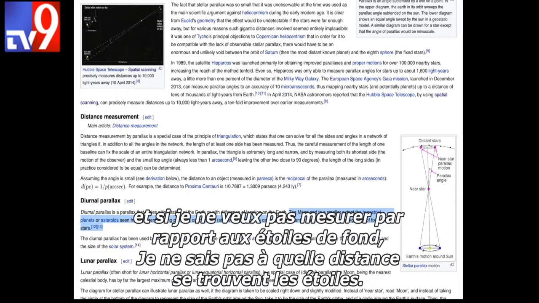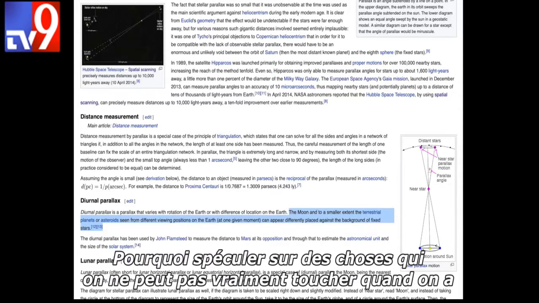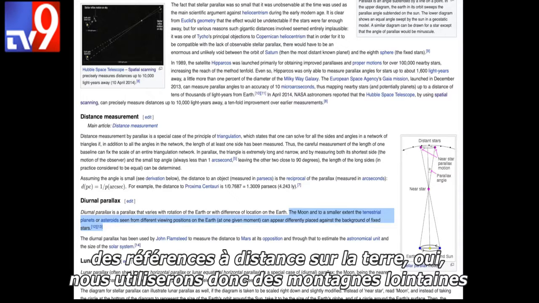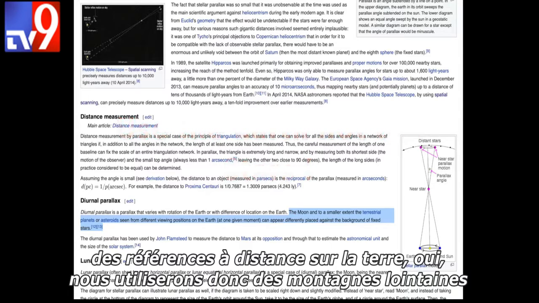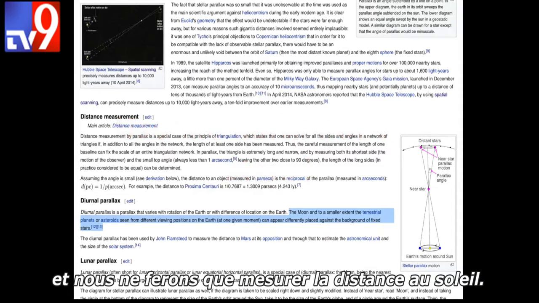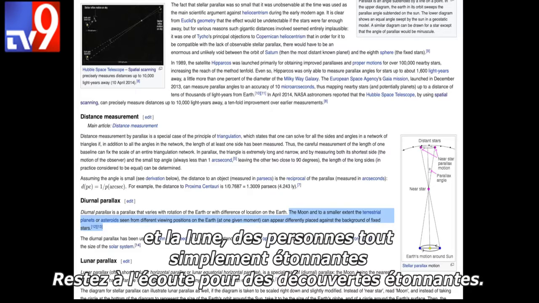I don't know how far the stars are. Why speculate about things that we can't really touch when we have references of distance on the Earth? Yeah, so we'll be using distant mountains, and we'll simply be measuring the distance to the sun and the moon. Just incredible, folks. Stay tuned for some amazing discoveries.